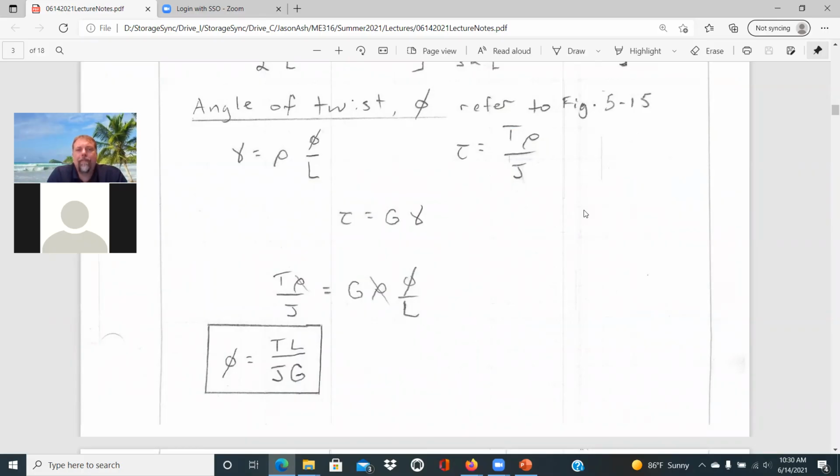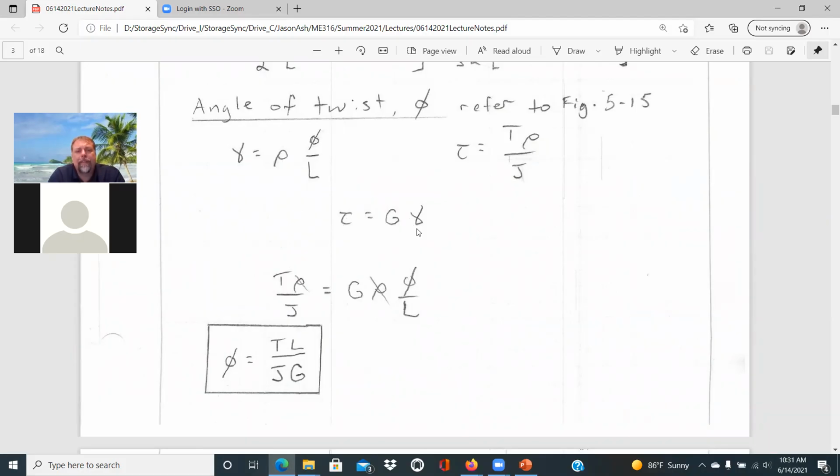So that angle of twist phi then, just some more relationship pairs. That's going to be a function of the shearing strain, the radial position, the angle of twist, and the length. And then the shear stress, we've defined that as the torque times the radial position divided by J. And then Hooke's law for shear stress is that the shear stress is equal to the shear modulus times the shearing strain.